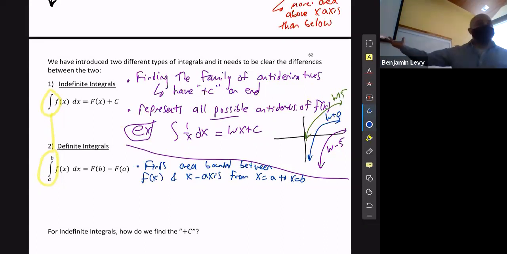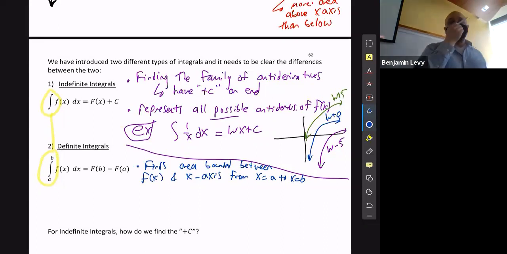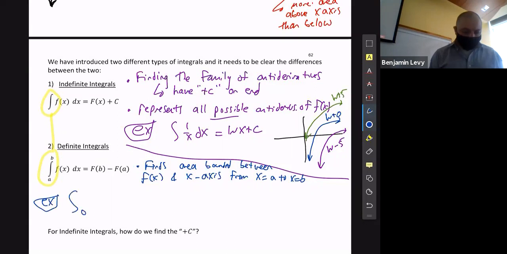And so let's integrate 1 over x again. But let's put bounds on it, right? So we just integrated 1 over x 1 second ago, and we got natural log plus c. If we integrate it with bounds, what does that mean? All right, so let's go from 0, or not 0, because it's 1 over x, 1 to 100 of 1 over x. All right, what's that going to do?